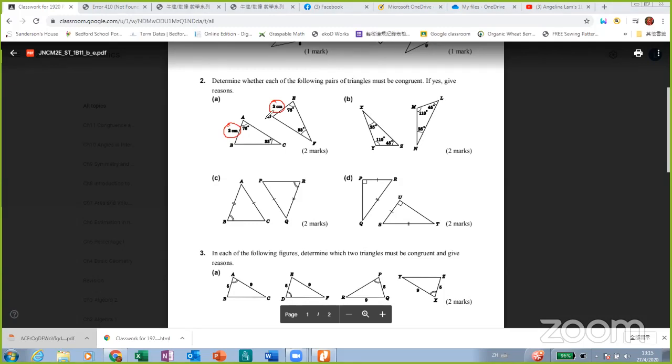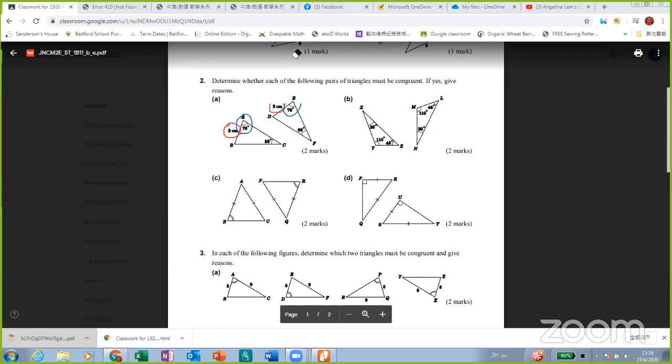These two lengths are in a pair. And then come to the next one, angles. And then for the length here, nothing. We don't know the length here.